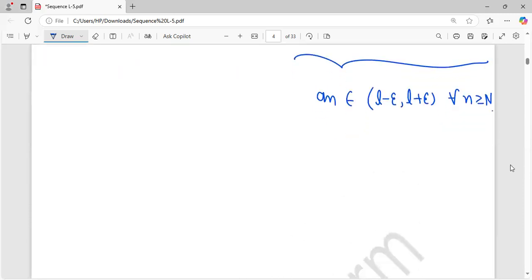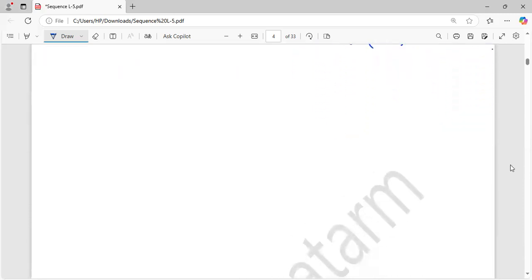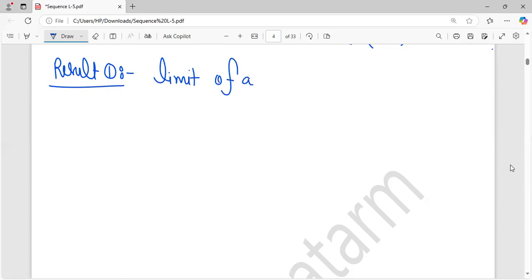Now, limit of the convergent sequence is unique. Result 1. Limit of a convergent sequence is unique.